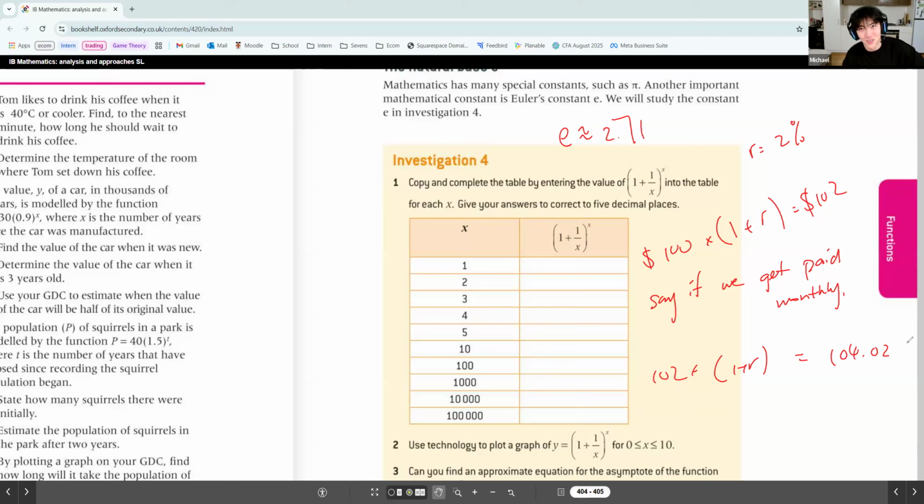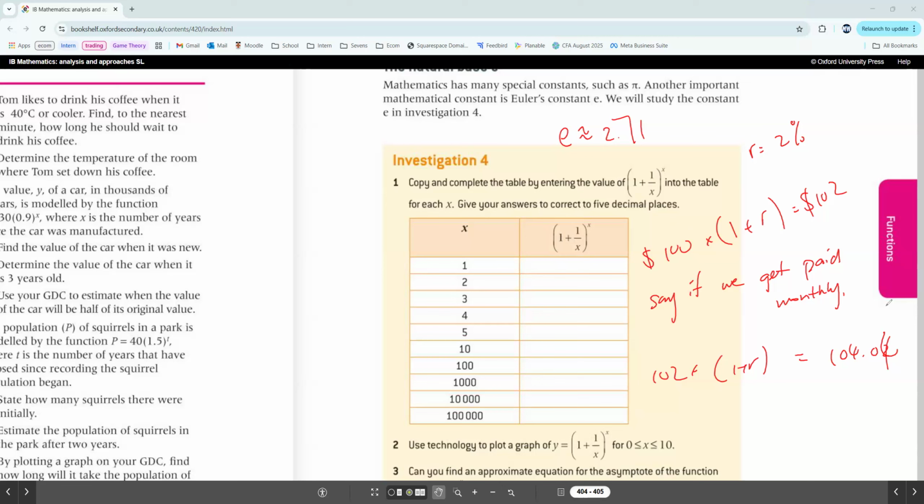I'm a genius. Wait, no, I think that's wrong. Or 104.04, I believe. Yeah, 104.04. So we're not gaining $2 extra, but instead we're gaining $2 extra and 4 cents. This four cents is from the compound interest. Does that make sense on the second year?